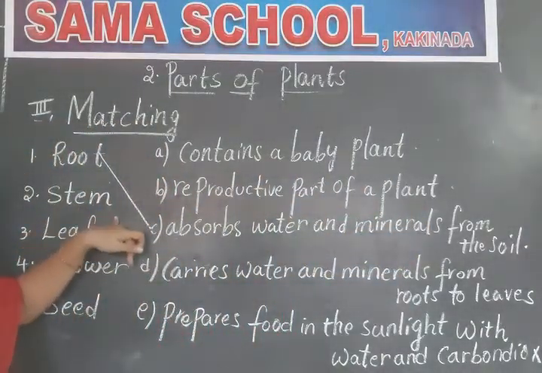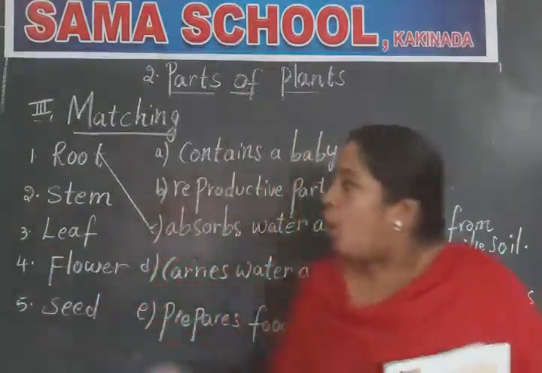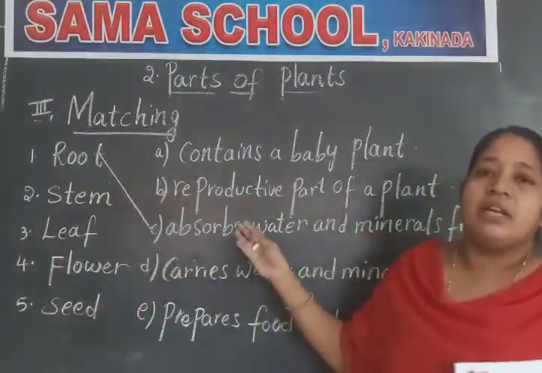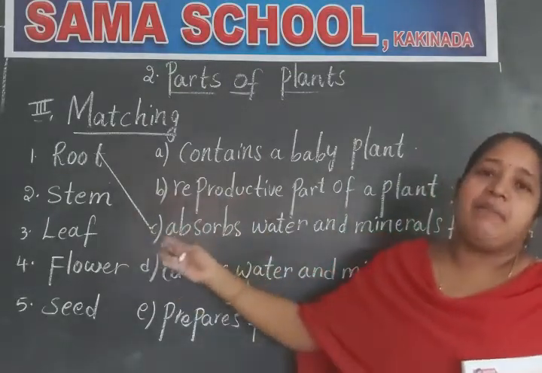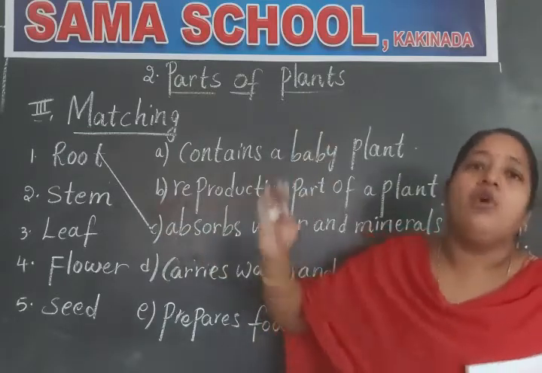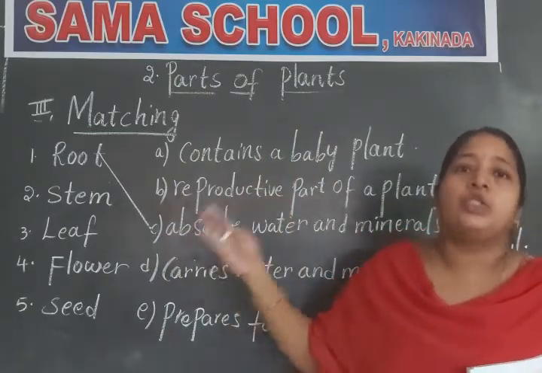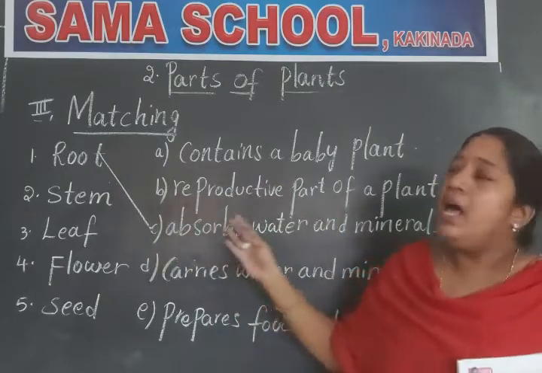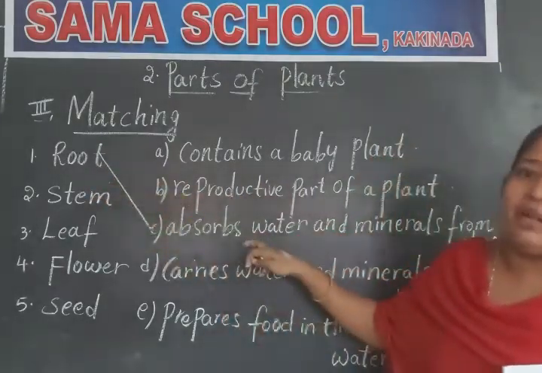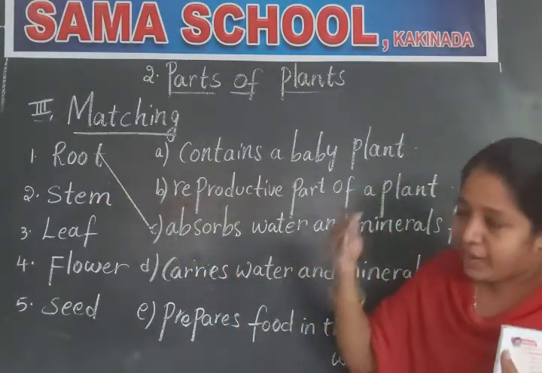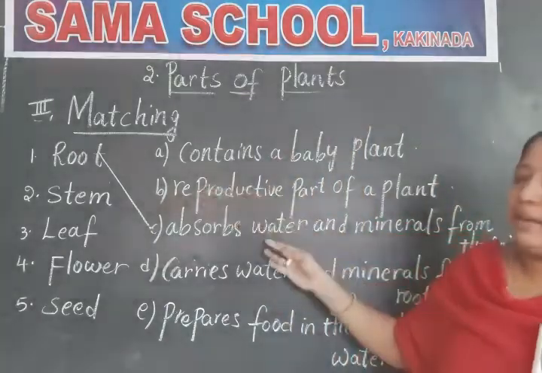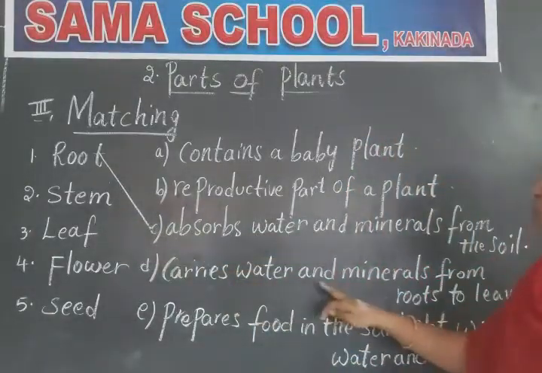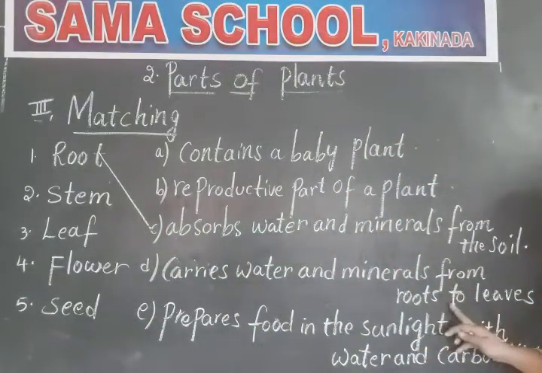And next one, stem. What is the function of stem, children? Already the roots absorb the water and minerals from the soil, and this stem carries the already absorbed water and minerals from the roots to the leaves.